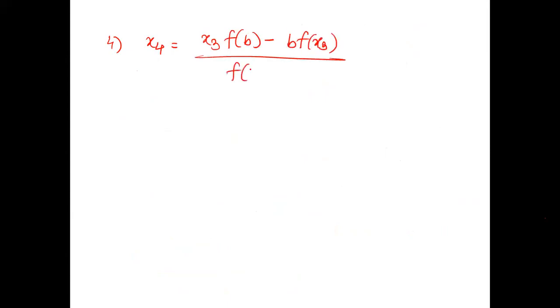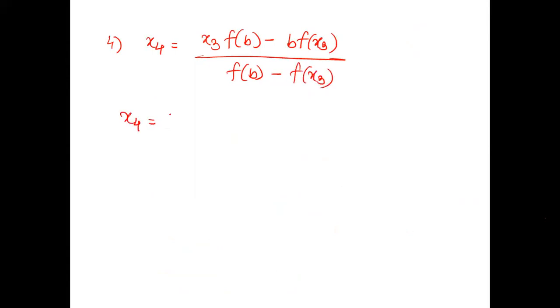So the next approximation, the fourth, x4, is equal to x3 f of b minus b f of x3 upon f of b minus f of x3. Correctly written? Yes. Put all the values and solve.